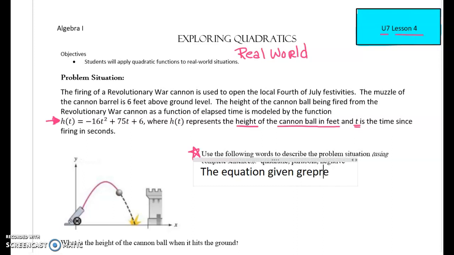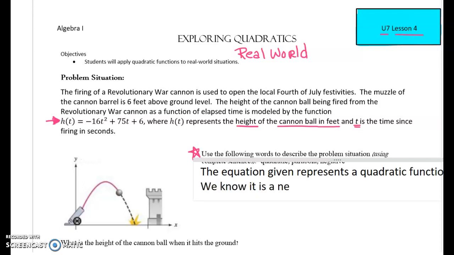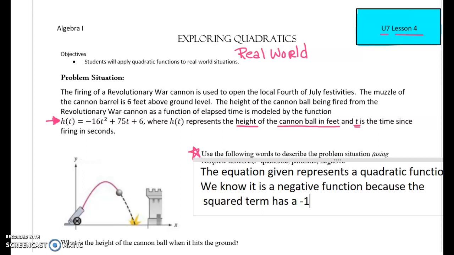given represents a quadratic function. We know it is a negative function because the squared term has a negative 16.